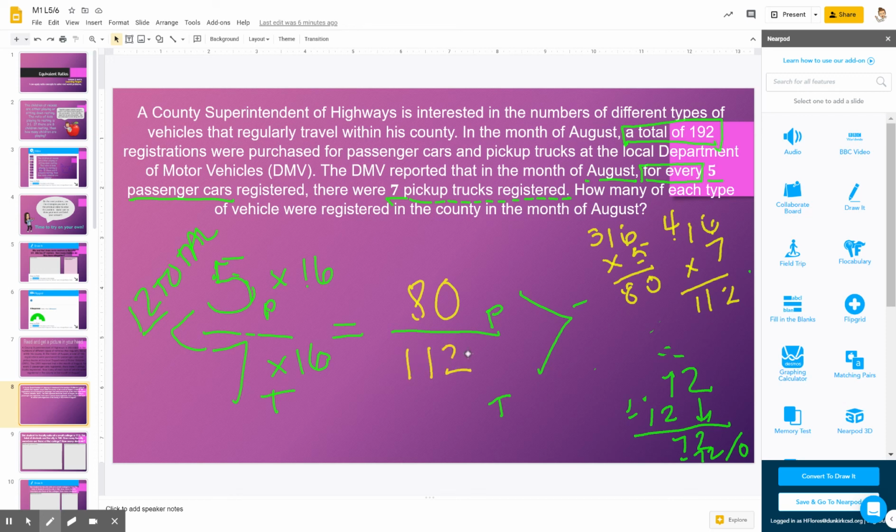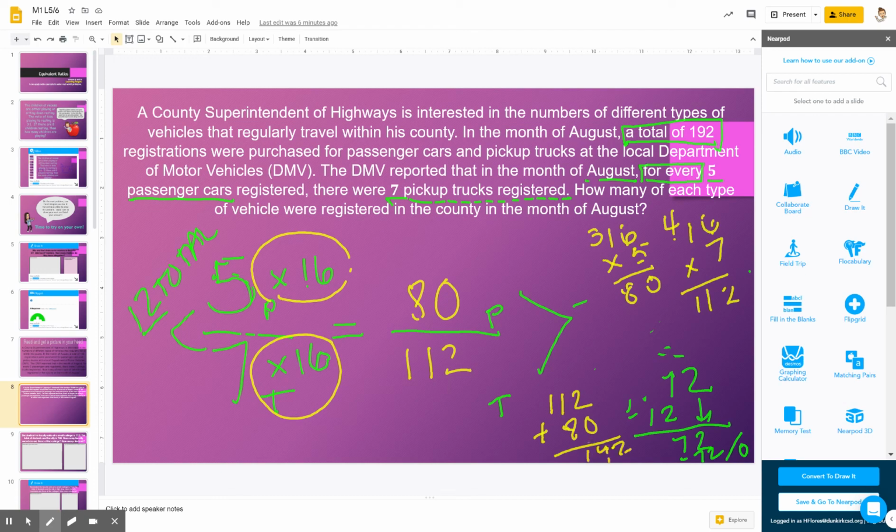So we know we created an equivalent ratio because we multiplied both the numerator and the denominator by the same thing. What we need to identify is, are we correct? Was the total 192? Well, if I add 112 plus 80, I do in fact get 192.